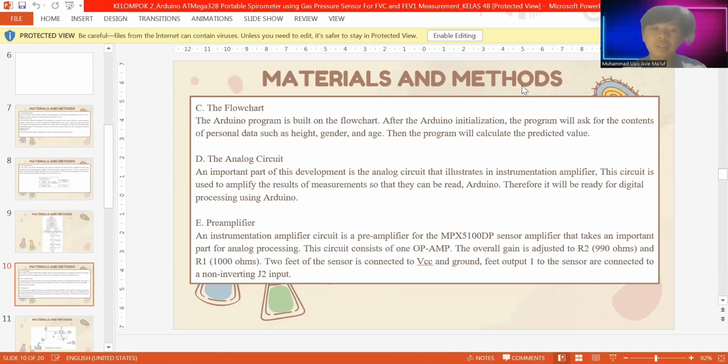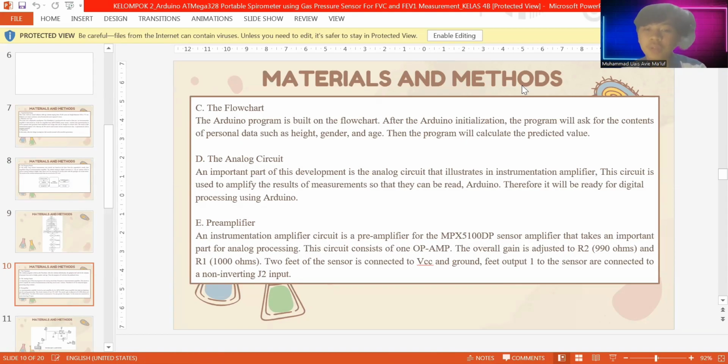Preamplifier. An instrument amplifier circuit is a preamplifier for the MPX5100DP sensor that takes an important part in analog processing. This circuit consists of one op-amp, with the gain adjusted by R2 of 9090 ohm and R1 of 1000 ohm.